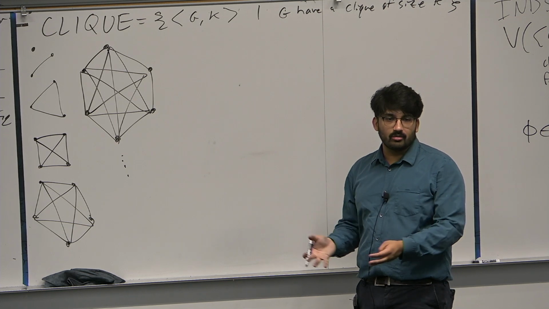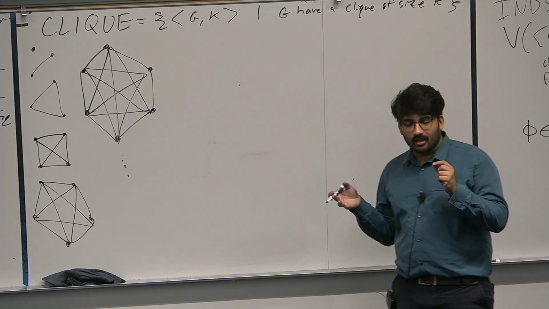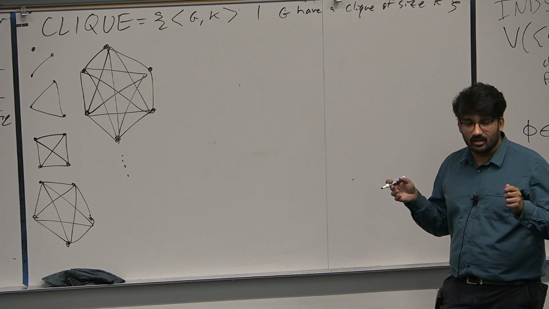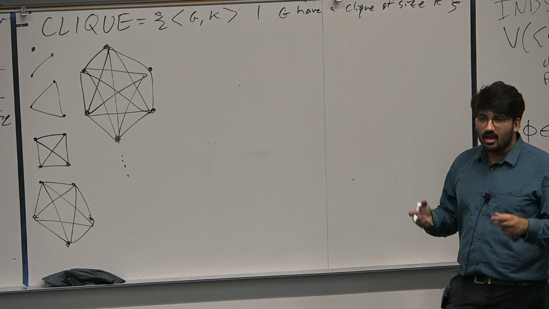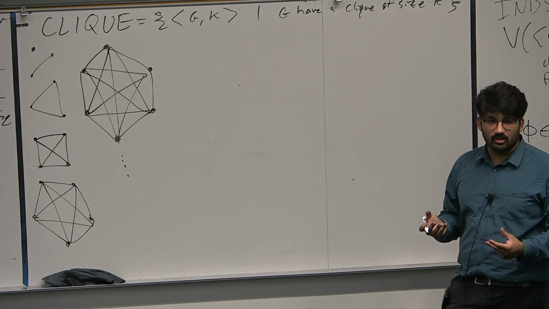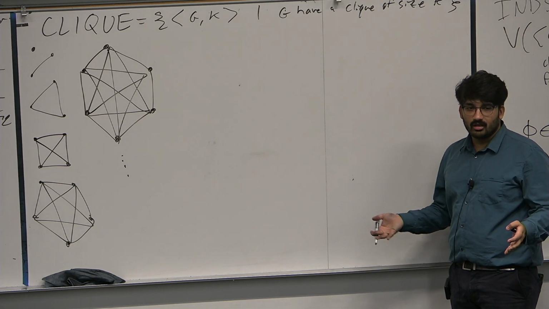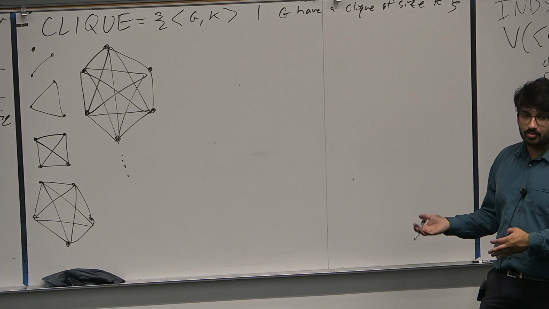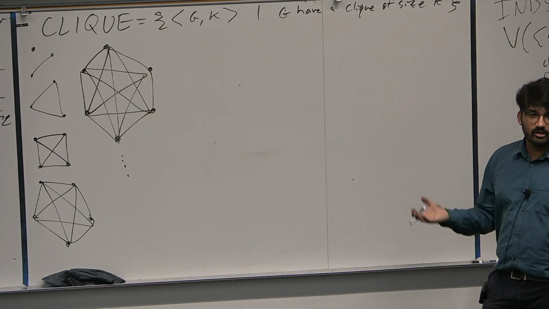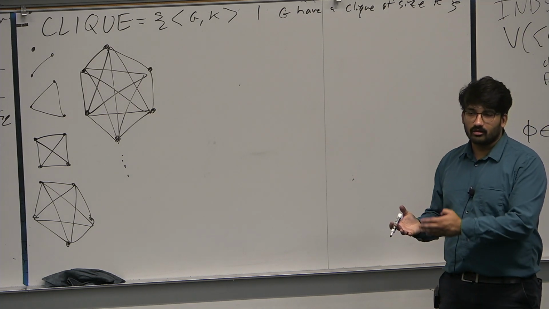A graph has a clique of size k if a selection of k vertices are fully connected to each other. It's called a clique in the sense of a friend group: everyone knows each other. If edges represent a relationship, A knows B, then the clique is the largest group of friends that all know each other fully.